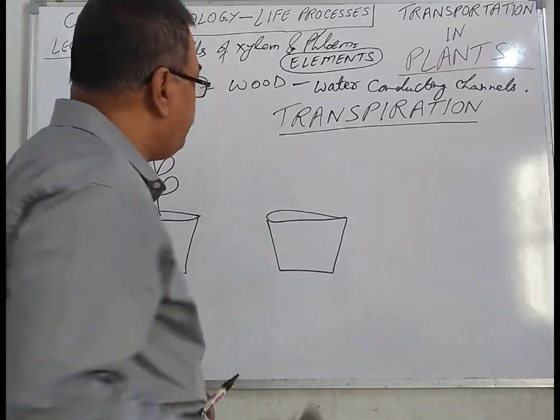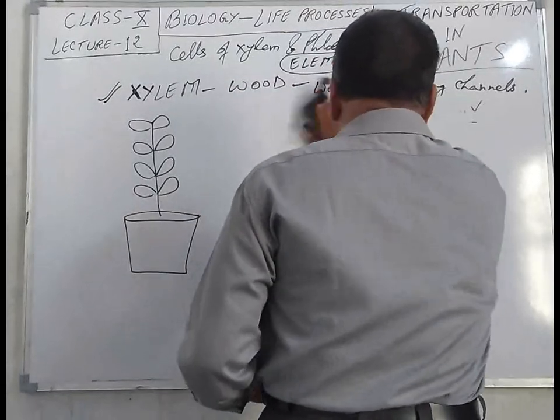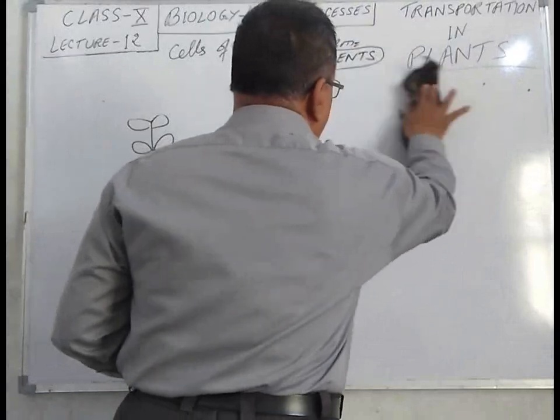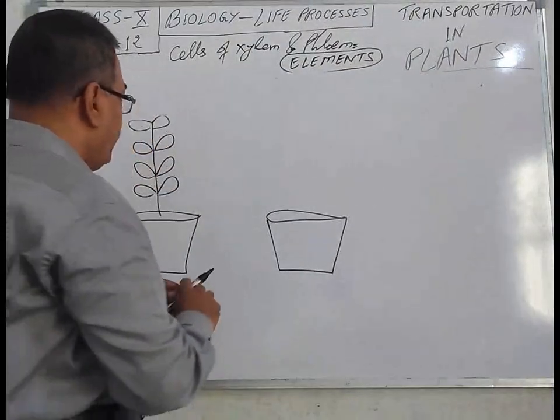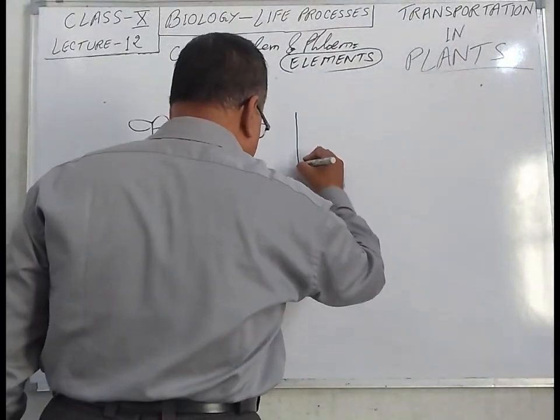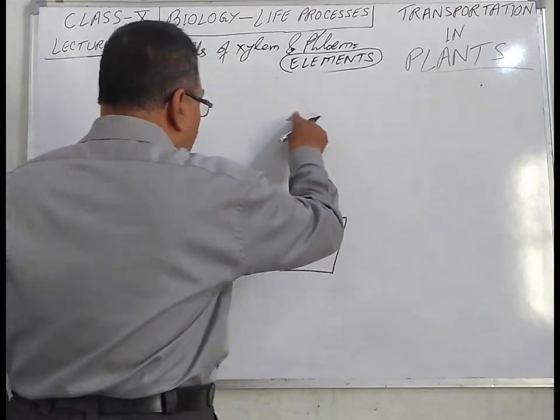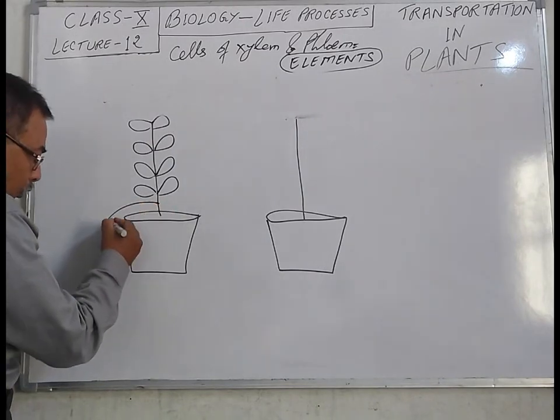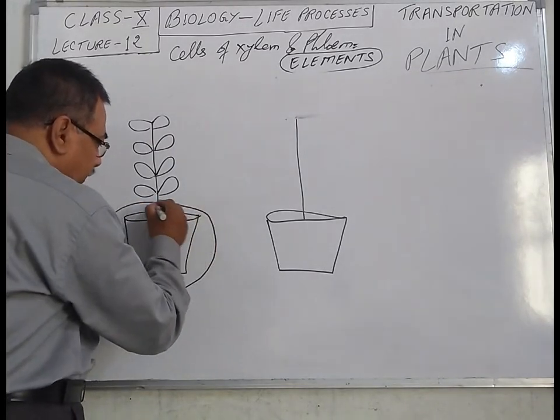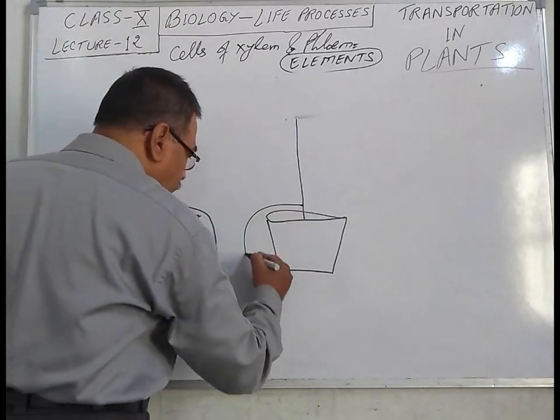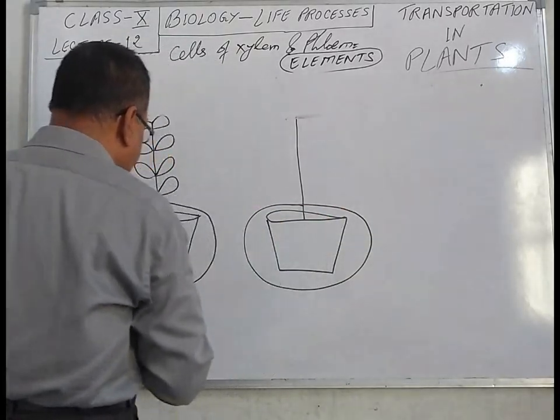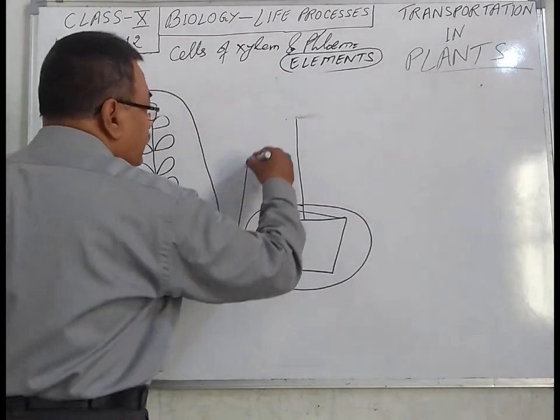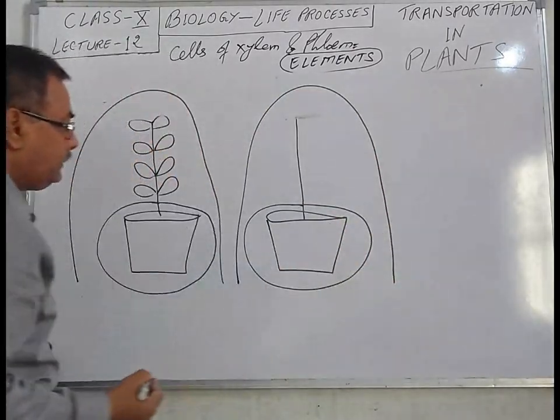And in another flower pot, we have taken a stick of the same height. Here we enclose this flower pot with polythene sheet. Here also with polythene sheet. Again we covered it with polythene sheet. Here also covered with polythene sheet.